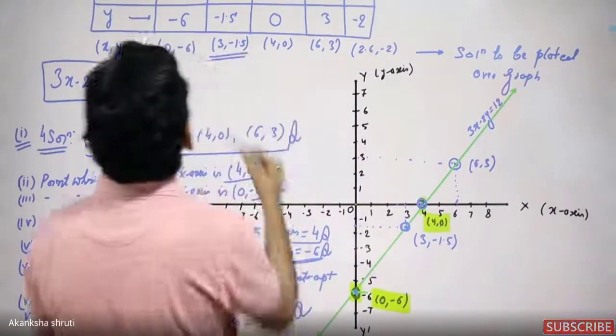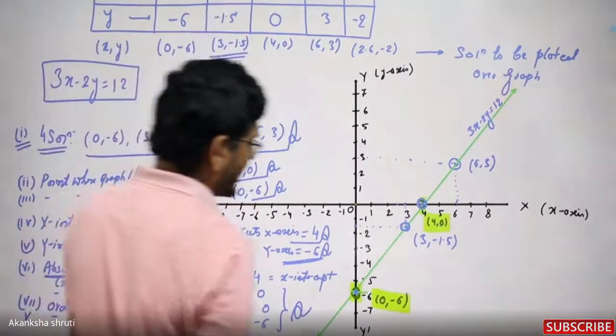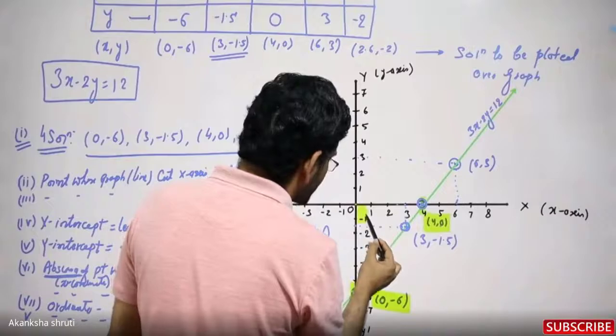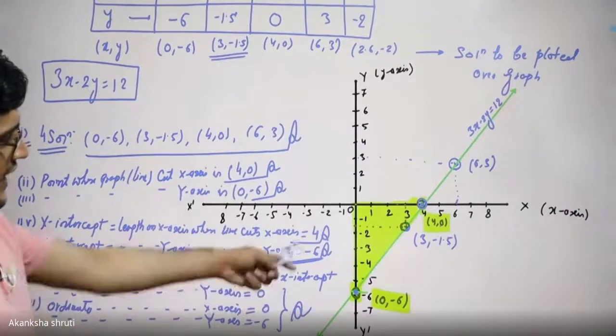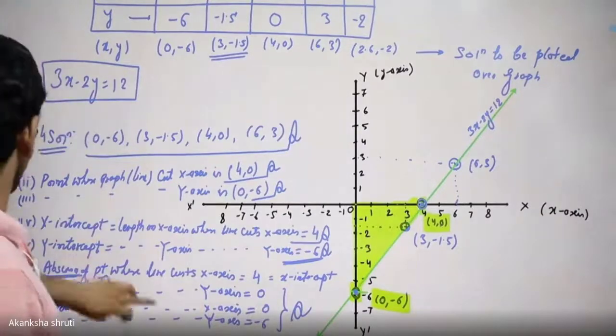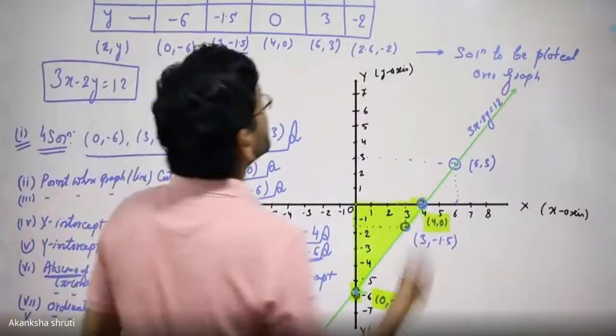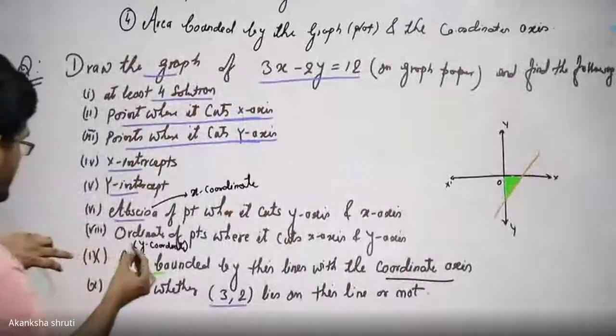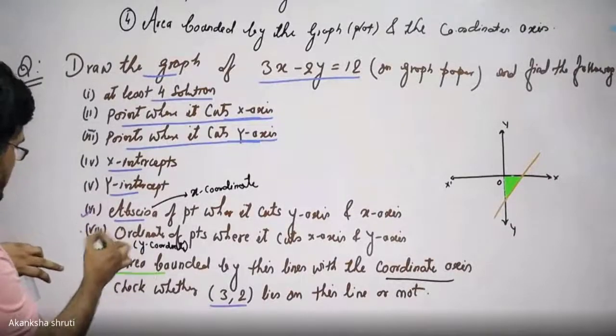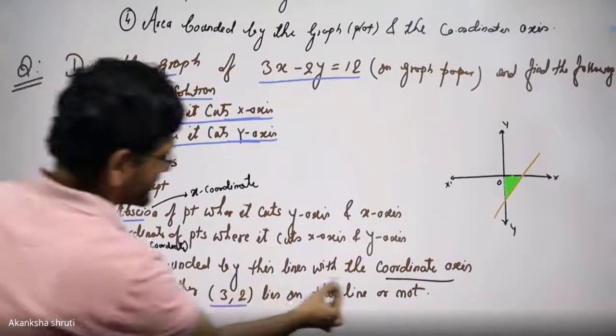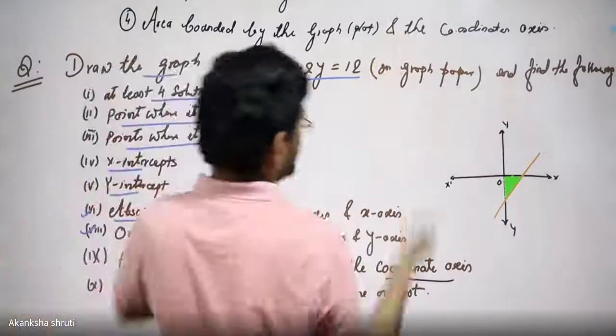What is the closed area? Here we are getting that our closed area is only this much. We need to find the area of this triangle. So students, we can see ordinate, abscissa, everything is over. Area bounded by this line with the coordinate axes, very important one.